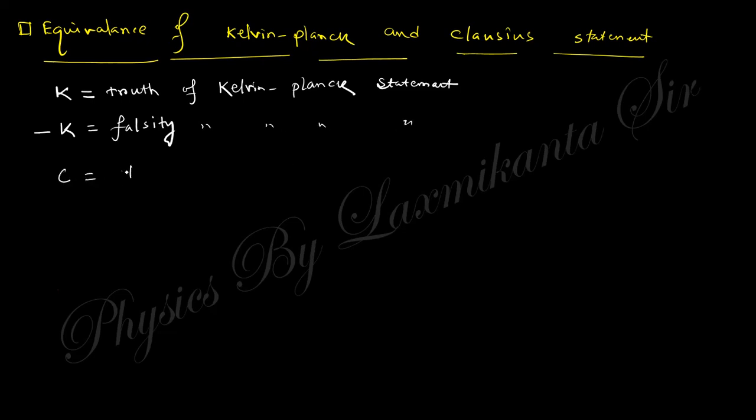C is the truth of the Clausius statement. Minus C is the falsity of the Clausius statement. This is for notation.